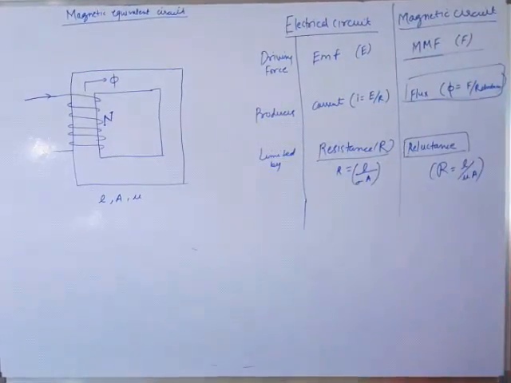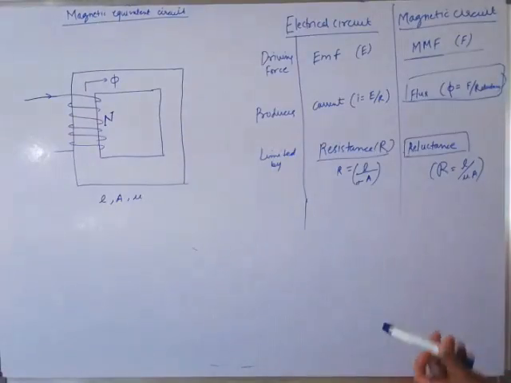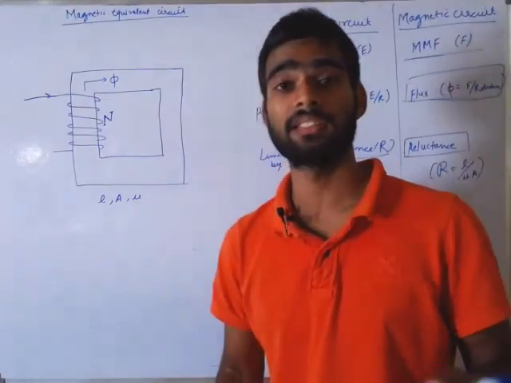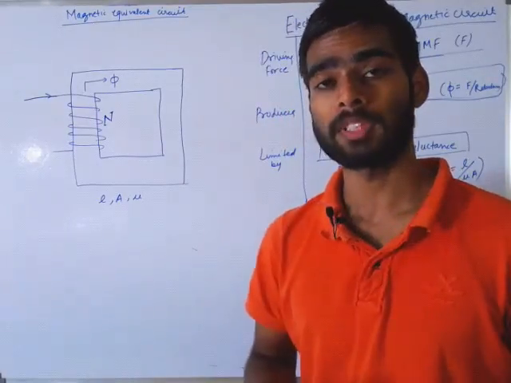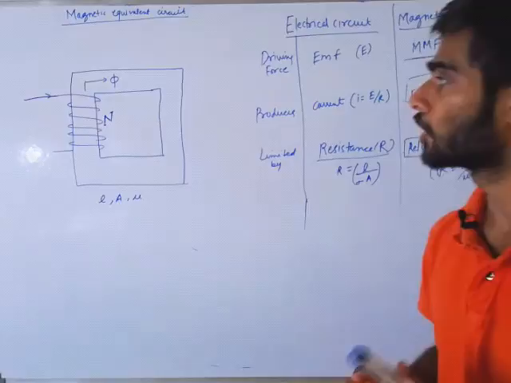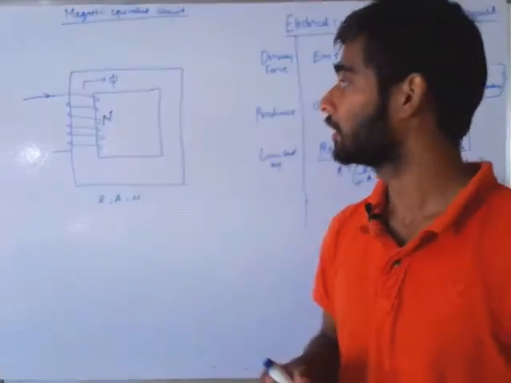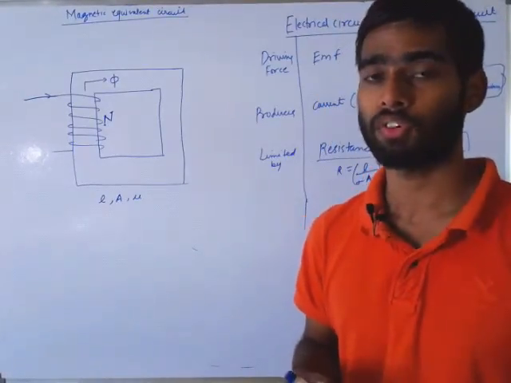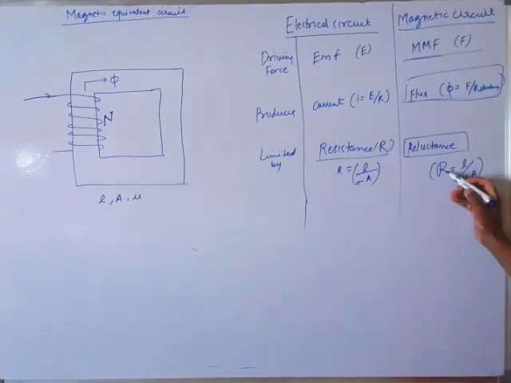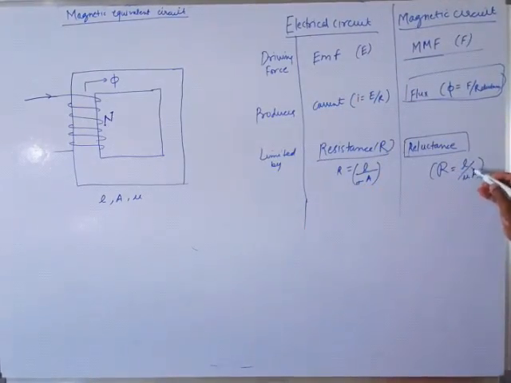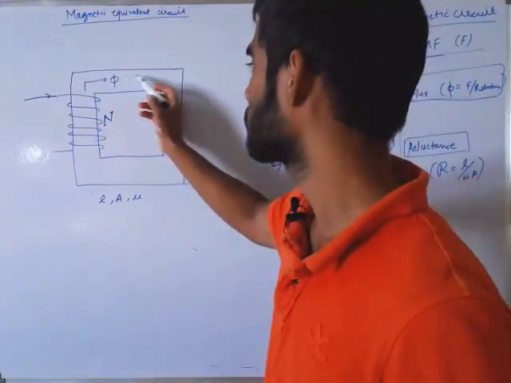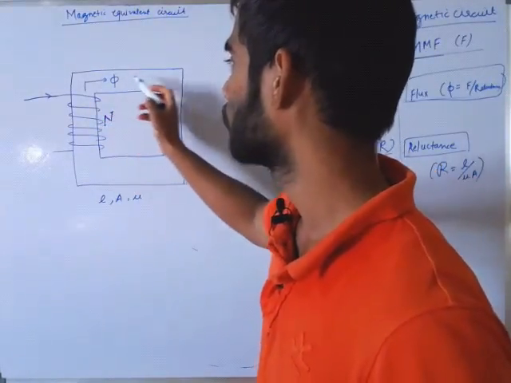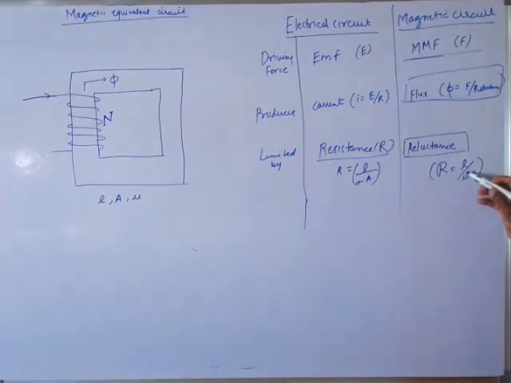Now, one more thing. In electrical circuits, resistance is generally given directly to us, but when solving problems in magnetic circuits, we will be required to calculate the reluctance using the formula: reluctance equals L by mu A, where L is the total magnetic path covered, such as the path covered by this flux.